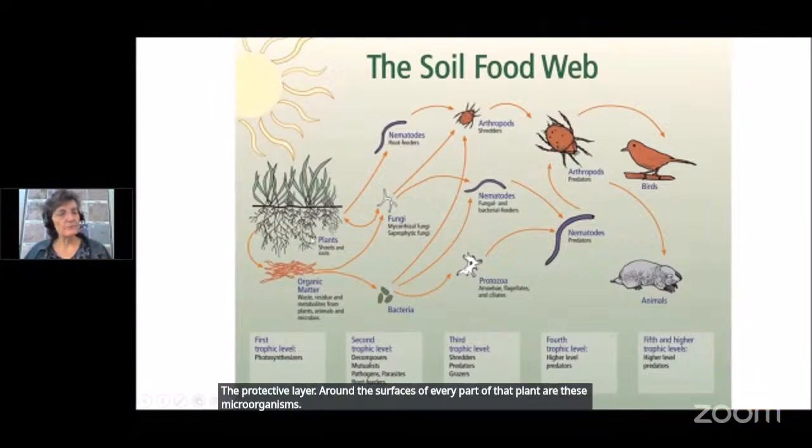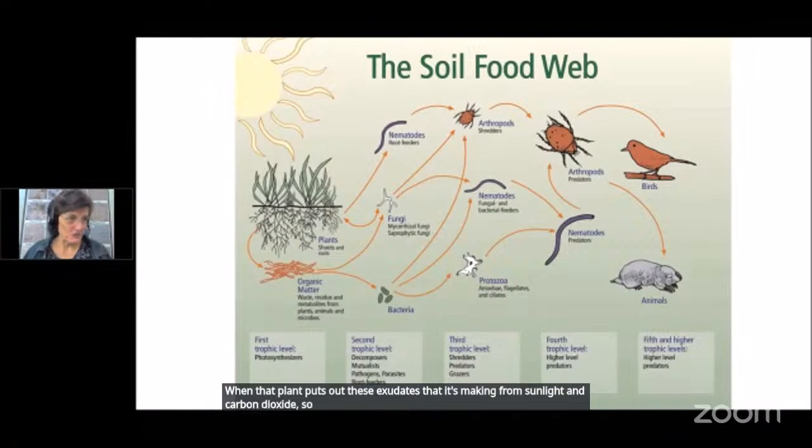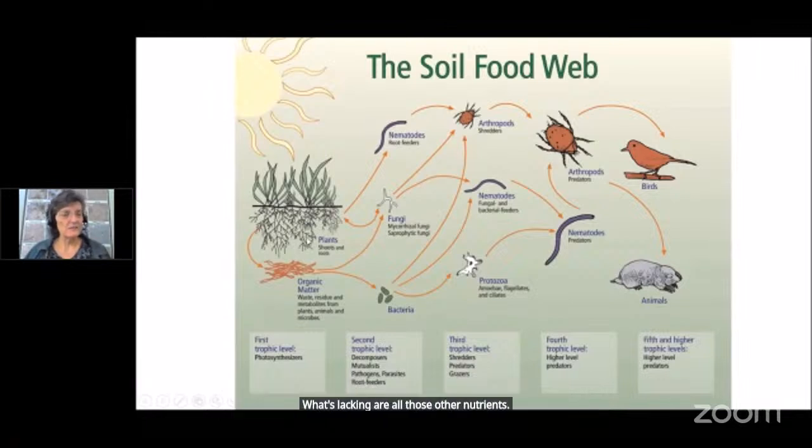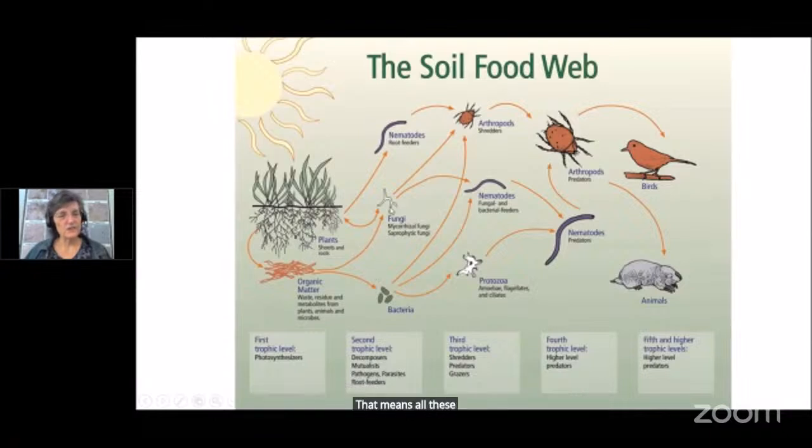When that plant puts out these exudates that it's making from sunlight and carbon dioxide, so there is no shortage of that in the body of your plant, what's lacking are all those other nutrients. But as those exudates come out into that soil around that plant, all these bacteria and the fungi, the beneficials, the good guys, are now protecting your root system against any pathogen, against any pest.